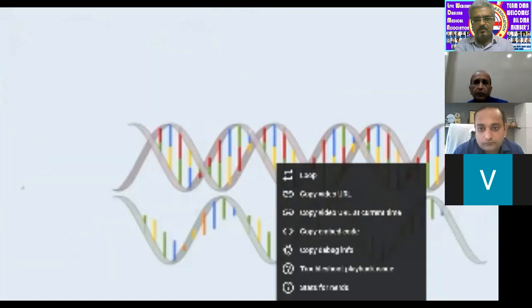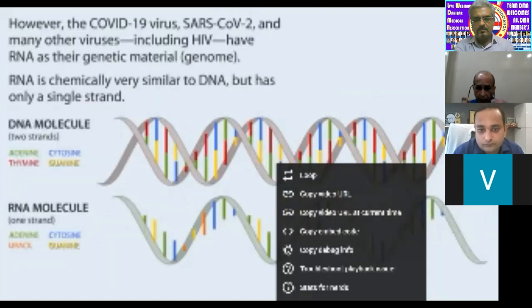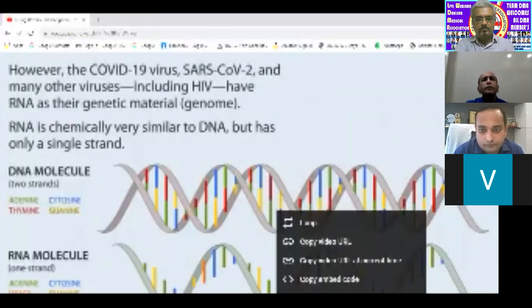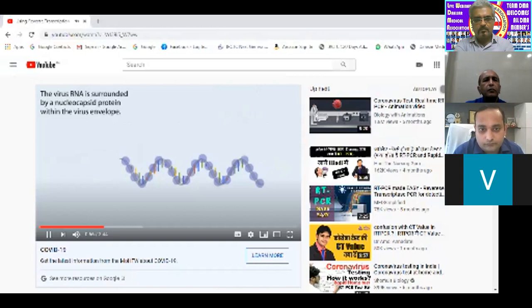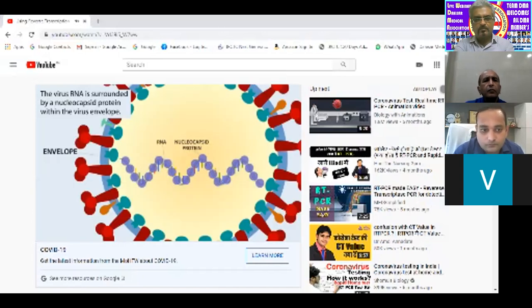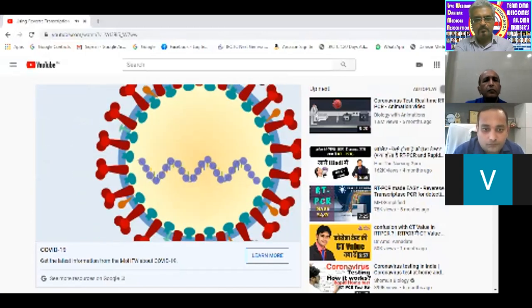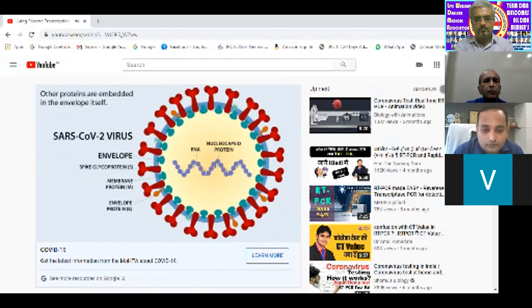However, the COVID-19 virus, SARS-CoV-2, and many other viruses, including HIV, have RNA as their genetic material, genome. RNA is chemically very similar to DNA, but has only a single strand. The virus RNA is surrounded by a nucleocapsid protein within the virus envelope. Other proteins are embedded in the envelope itself.